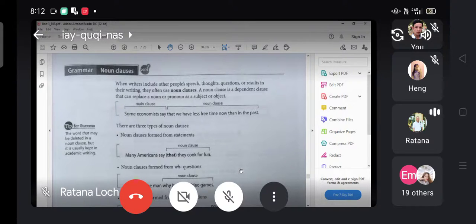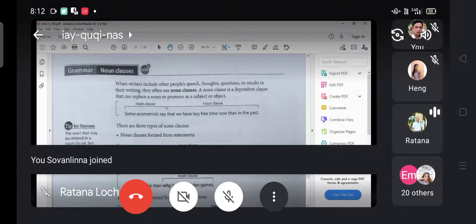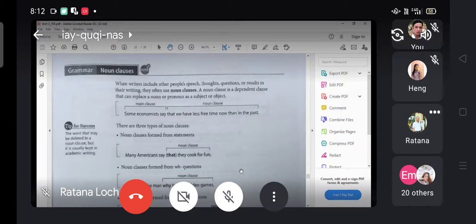We have 3 kinds of clauses, right? Verb clauses, adjective clauses, and noun clauses. But for Unit 3, we just focus on noun clauses. You hear me speaking, right, everyone? Yes, teacher.